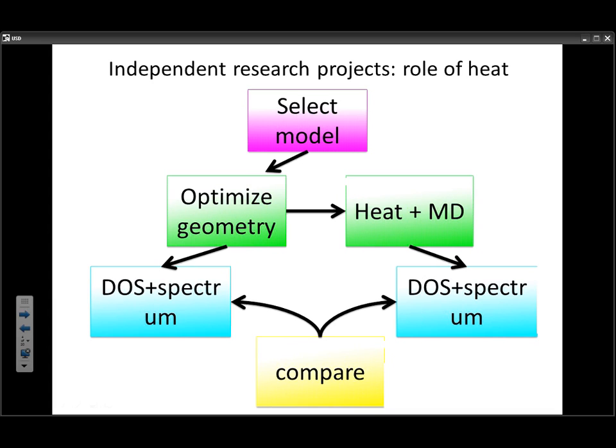First, you should select models and then optimize a geometry. And after the geometry optimization, you can do density of states calculation and calculate a spectrum.